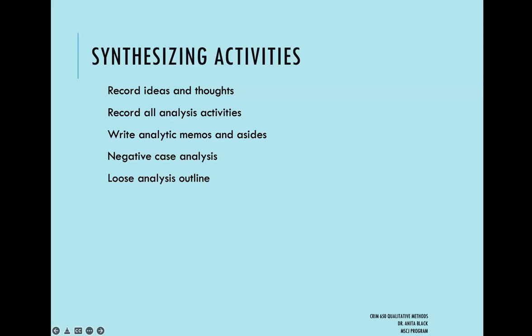Now, this will help you when you write the methods section later in your final paper. Make a point to write analytic memos as part of the analysis process. As an analysis outcome, these analytic memos are a longer version of the analytic asides that are described in Chapter 6, focused on the meaning of codes and the connection between the codes.